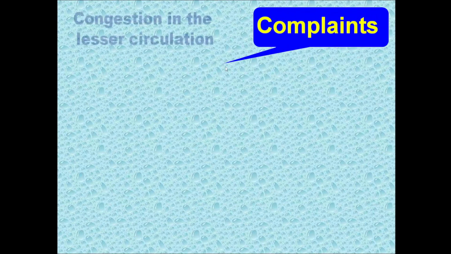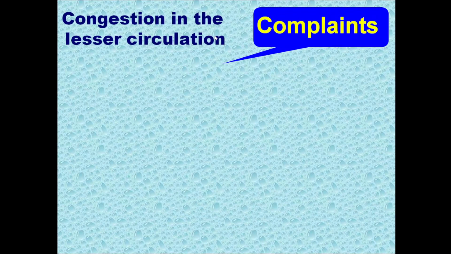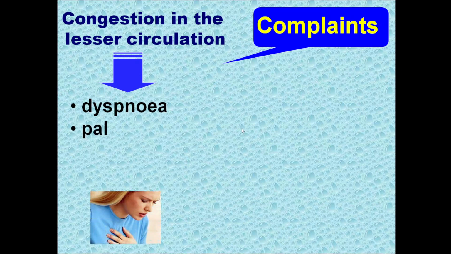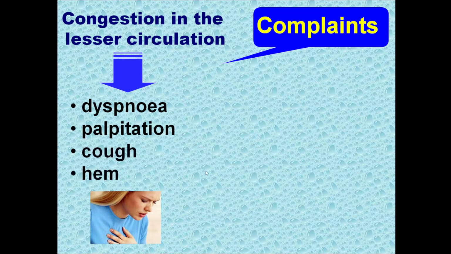Let's remember the complaints of the patient. Congestion in the left circulation is characterized with dyspnea. Then, due to progression, the patient complains of cough and hemoptysis and palpitation as a compensatory response to decreased heart stroke.